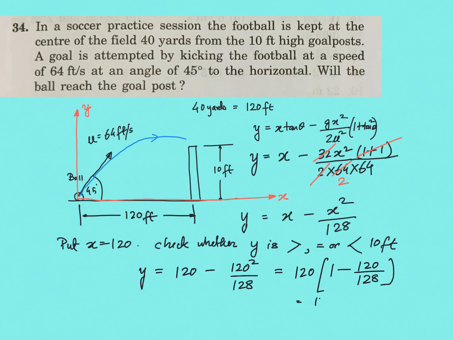So what you get here is 120 into 8 divided by 128, which is equal to 7.5 feet. So 7.5 feet means it will enter the goal, and the path will be like this. So this will enter the goal close to here. So the value of y calculated at x equal to 120 is 7.5 feet.